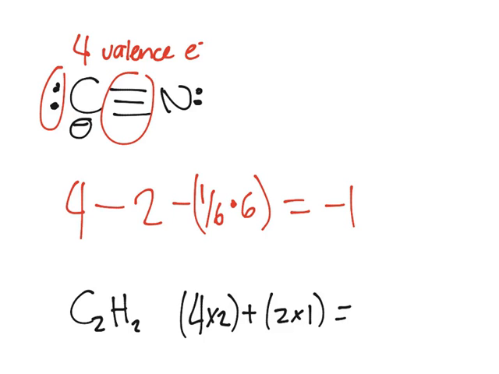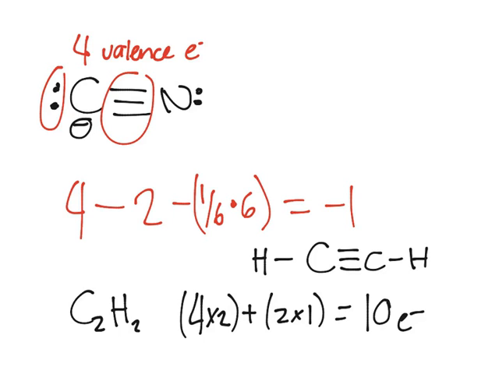So you have a total of 10 electrons that must be used when drawing the Lewis structure. And so 10 electrons equals 5 bonds. You could have something like this when drawing out the Lewis structure. As you can see, 1, 2, 3, 4, 5, and so it all adds up, because remember, each bond represents 2 electrons.